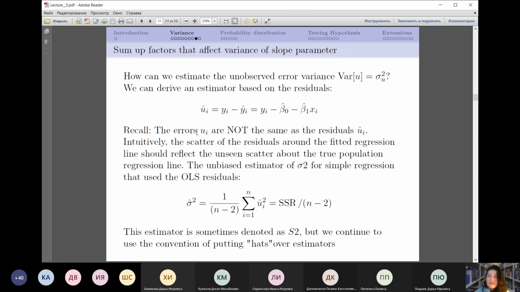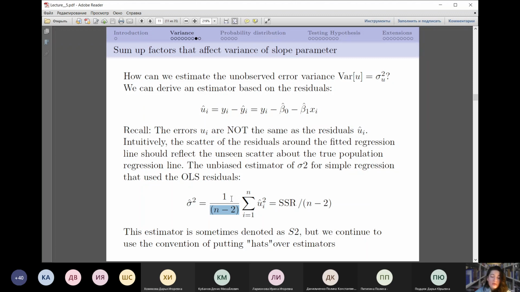And the errors are the difference between some unobserved true values of the population and the observed values. So we don't know how to calculate errors. And because of this, if we want to use, instead of the variance of the error term, we can use this formula, but we need to adjust it by the number of observations minus 2.